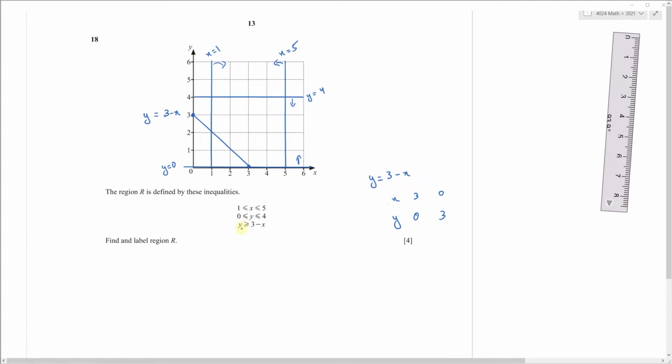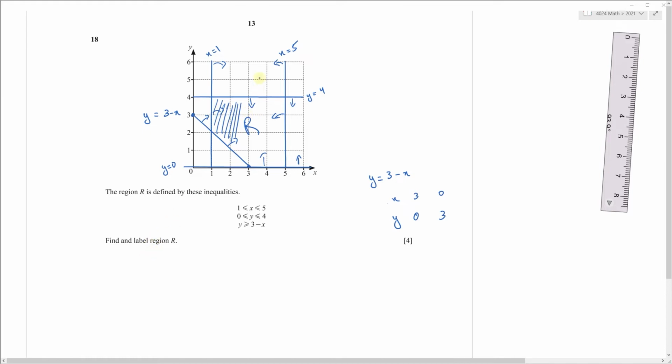So y in the inequality is greater than or equal to, so that means it's above this line. So the common region that satisfies all of these inequalities, right side of this line, left side of this line, below this, above this, and above this, is this region R. So I can shade this as well.